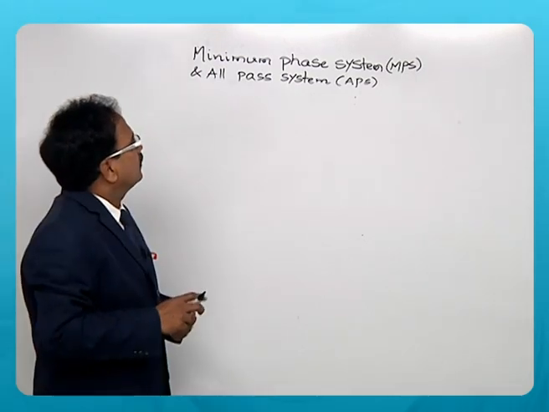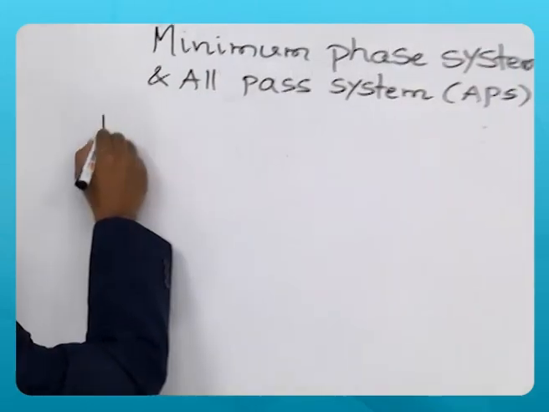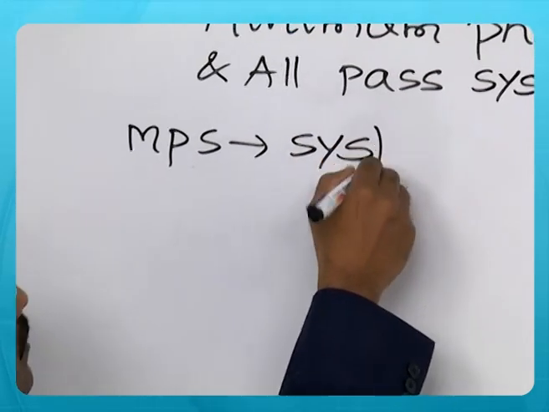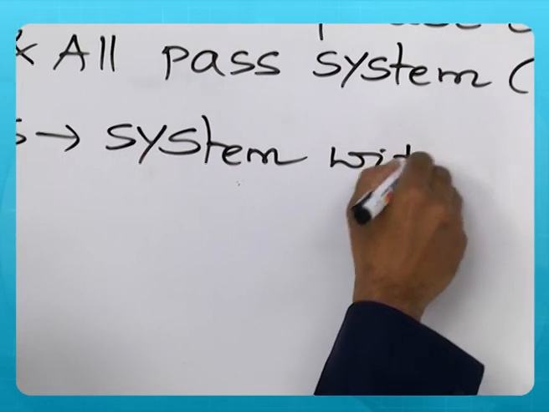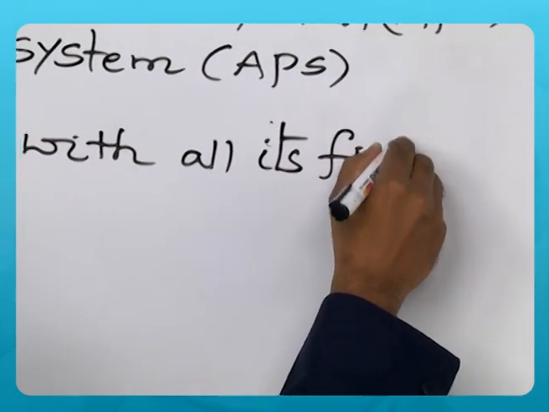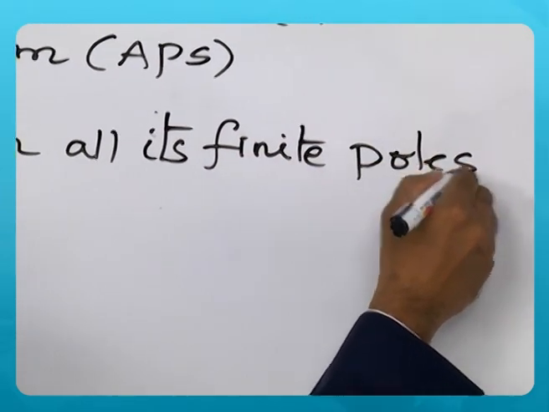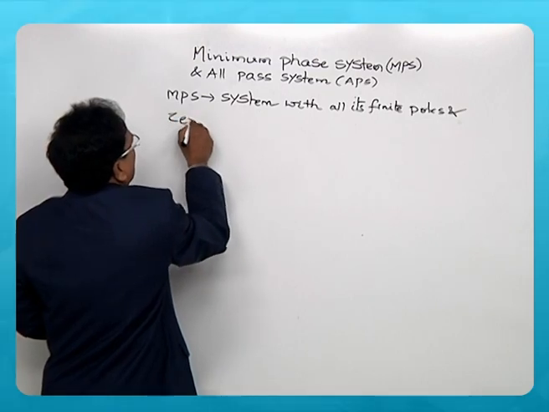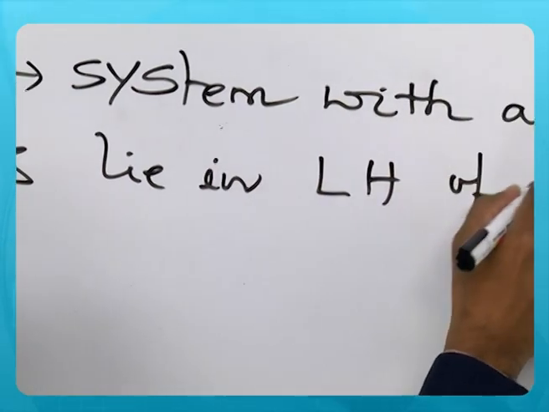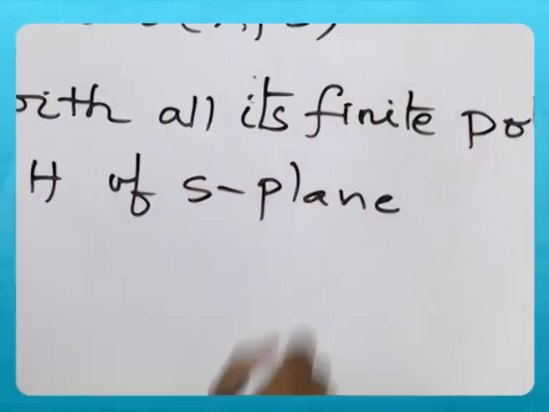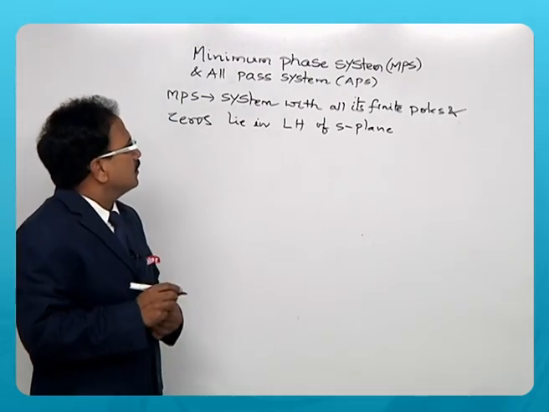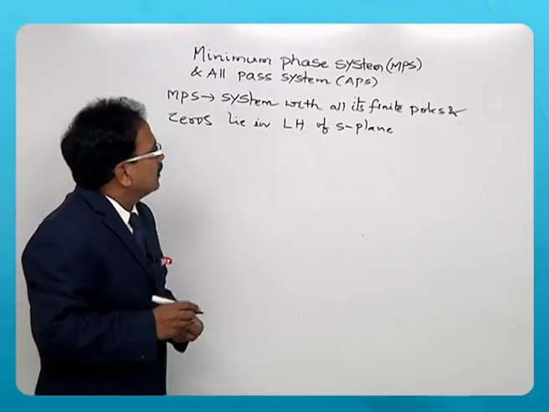So minimum phase system, MPS, is nothing but a system with all its finite poles and zeros lying in the left half of the S-plane.